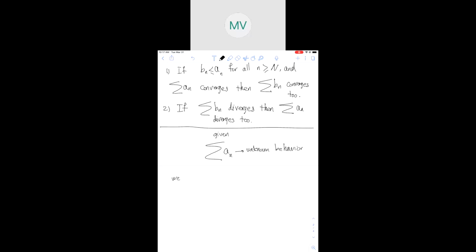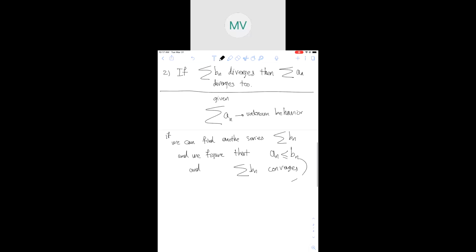So if we can find another series for which we know the behavior, let's say sigma b sub n, and we figure that a sub n is less than or equal to b sub n, and also we know sigma b sub n converges.